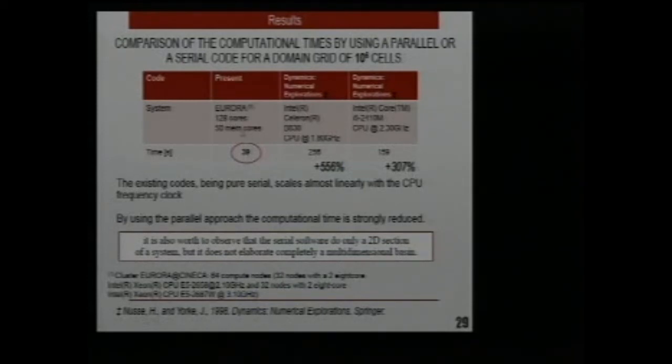Please consider that we do this in a computational center here in Italy, but this number of cores is not huge. Basically, it consists of 4 PCs. We can have much more than this in the real application. With just 4 regular PCs, you can reduce the computational time by 300%.